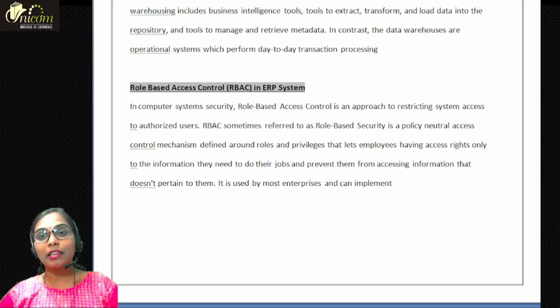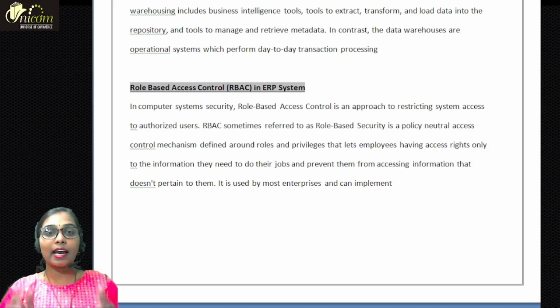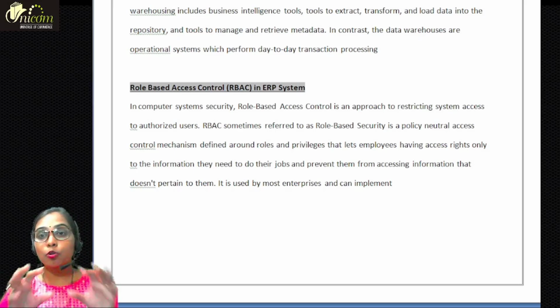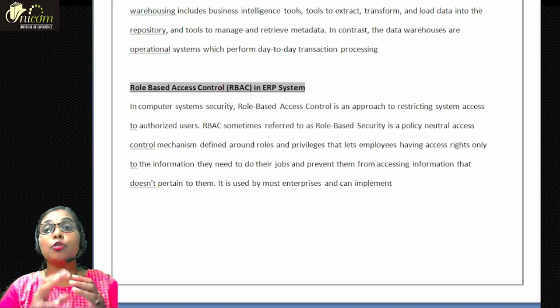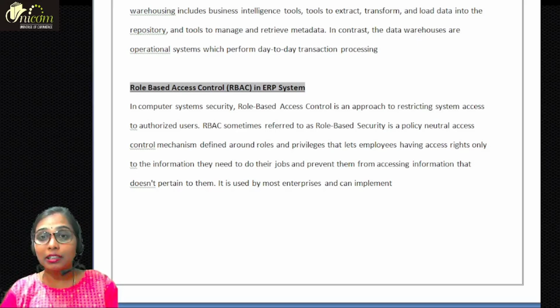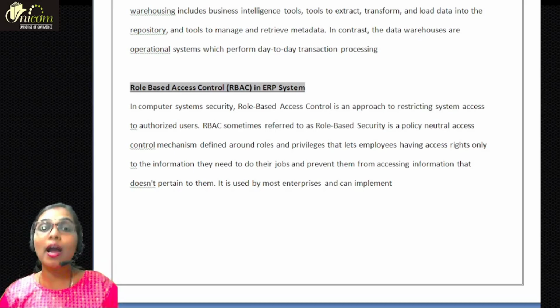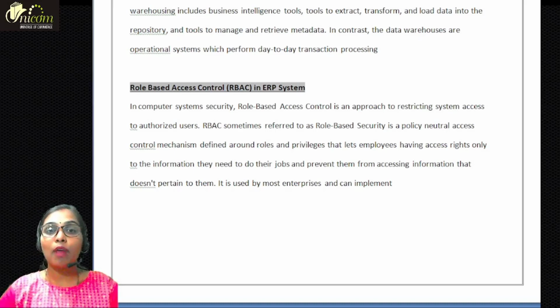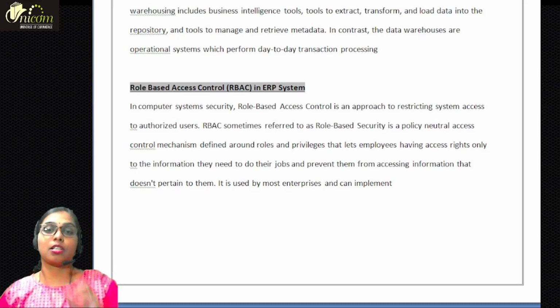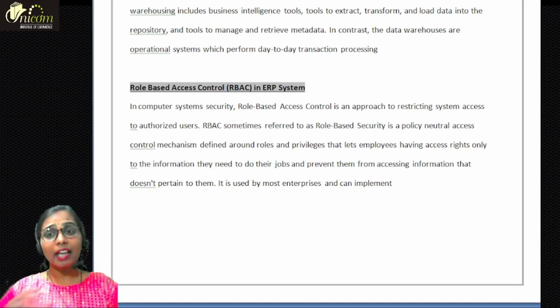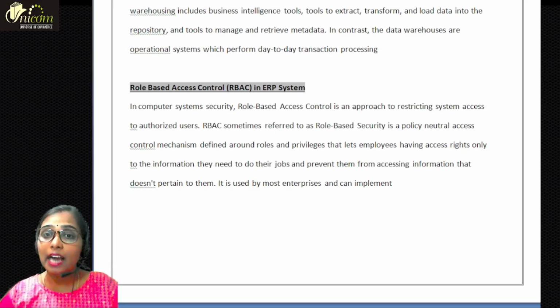ठीक है, मतलब अगर एक बड़ा ऑर्गेनाइजेशन में आपको दिया गया है ये वाला काम, ठीक है, आपको उसमें लाइक यूजर आईडी पासवर्ड भी दिया गया है, मतलब that means you have to only access that control. You have the right as a role, your role is that you have the access to control that particular process. ठीक है, and this is a very very beautiful concept which has been added in ERP system.